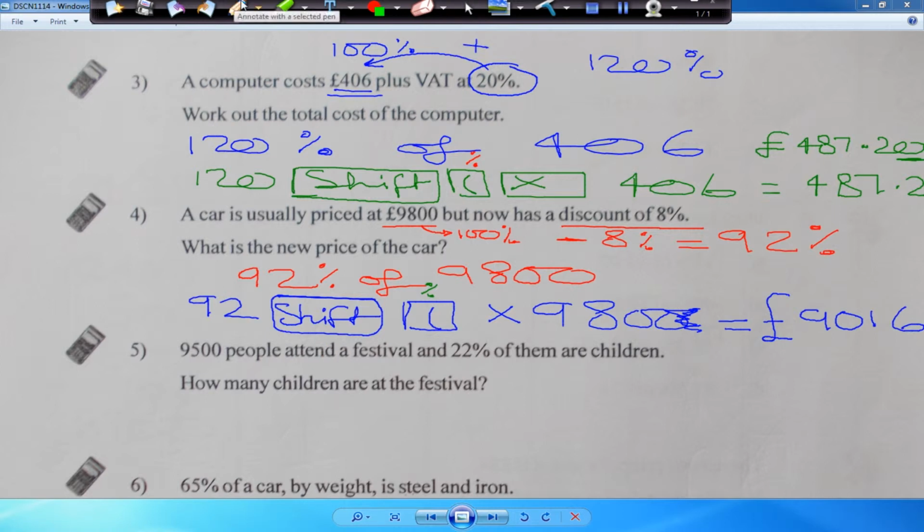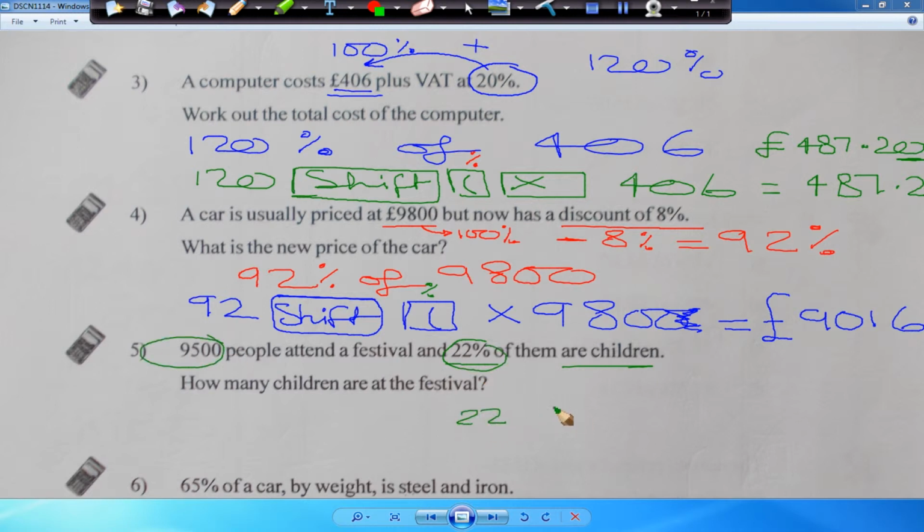Okay. Right. Now this question has changed color again. It says 9,500 people attend the festival and 22% of them are children. How many children are at the festival? So we're not adding things on to the total cost, and we're not working out a new price after it's been minused. We're just working out a standard percentage question. So we've got to work out 22% of 9,500.